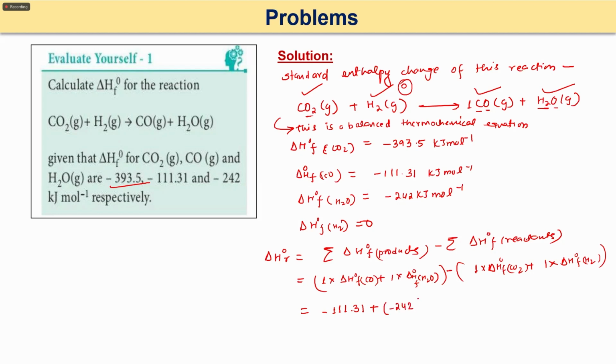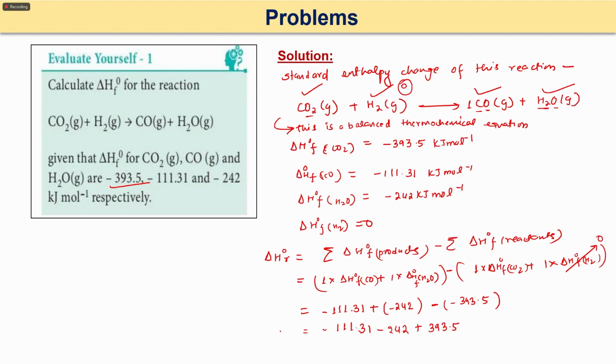Next, the enthalpy of formation of carbon dioxide is minus 393.5. And this will become 0 because the enthalpy of formation of hydrogen is 0. So we just have to calculate this, and plus minus will become minus, minus of 242, and this minus minus will become plus of 393.5.